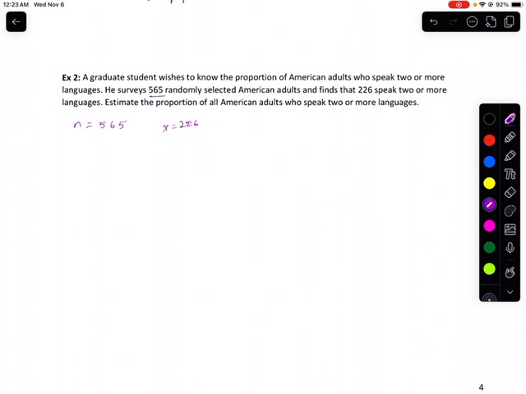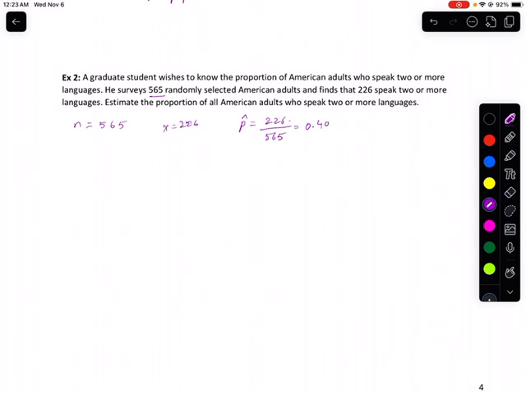This is a statistic, which means it's p hat. So p hat is 226 over 565, which comes out to be 0.40 or just 0.4.